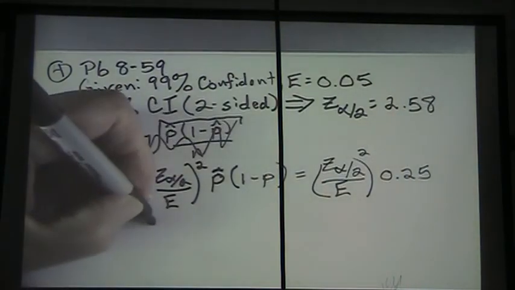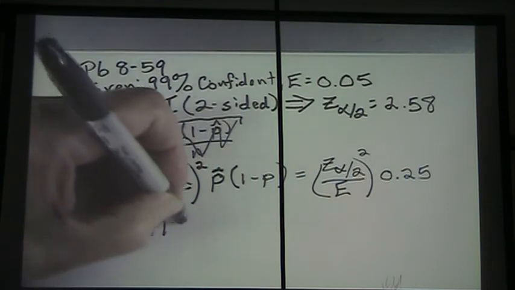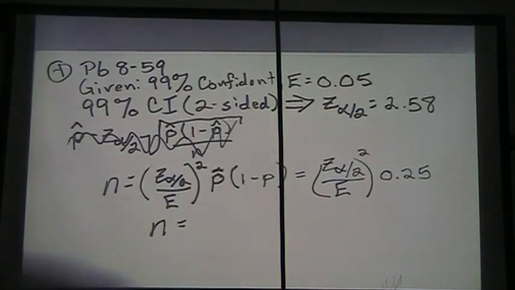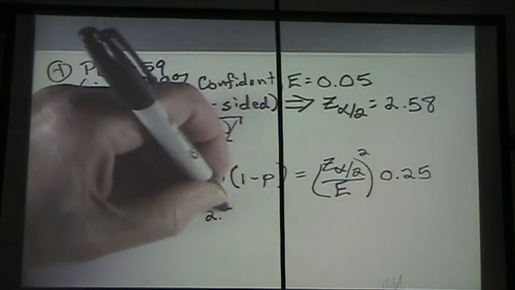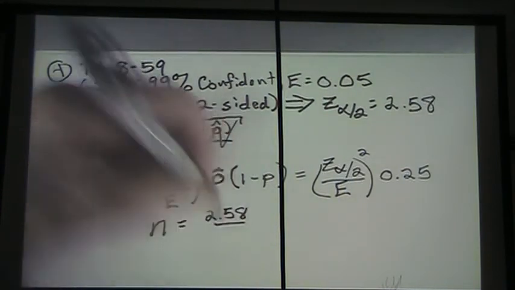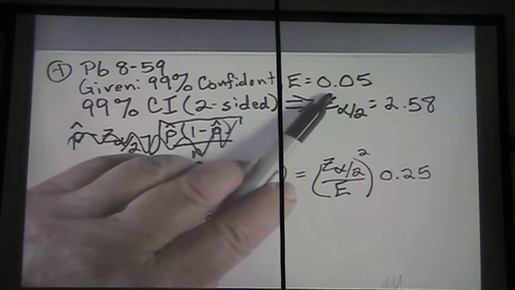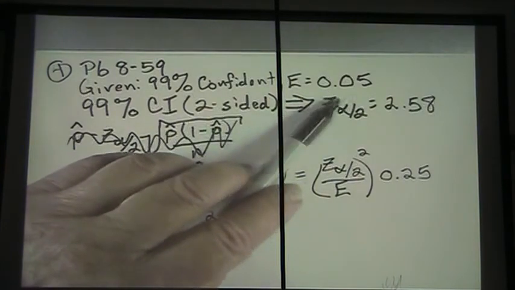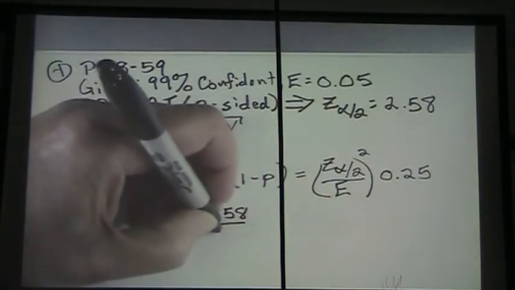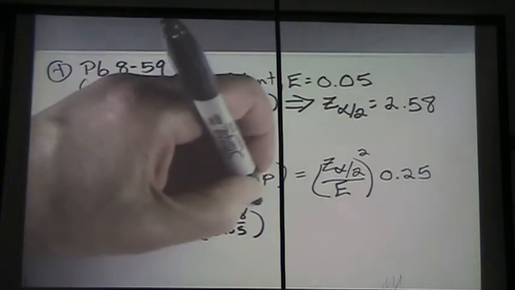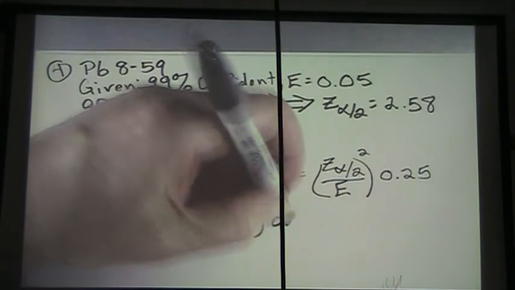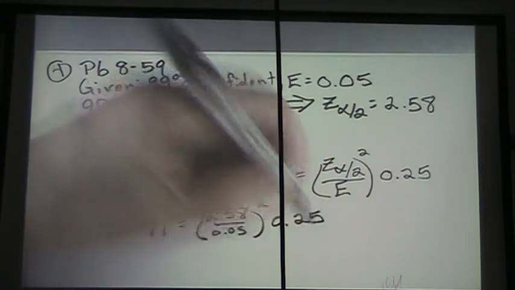All right, so n equals our Z alpha divided by 2, which is 2.58. Our error is 0.05. We square that quantity times 0.25.